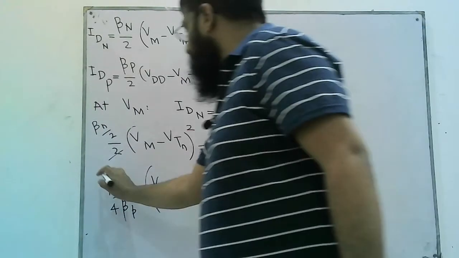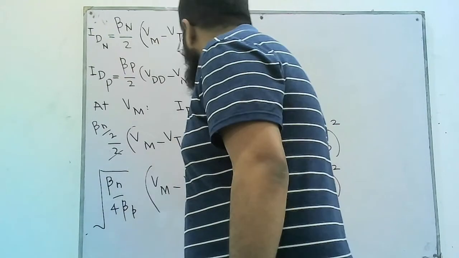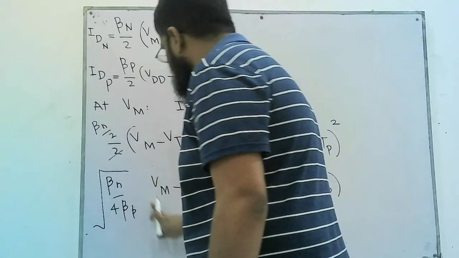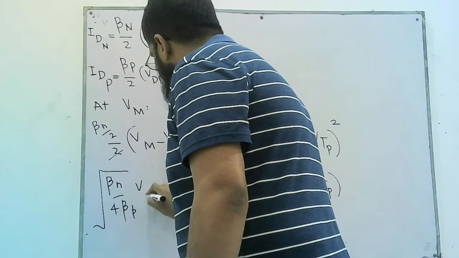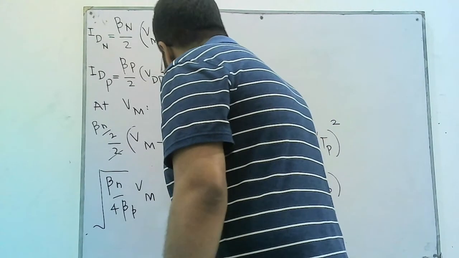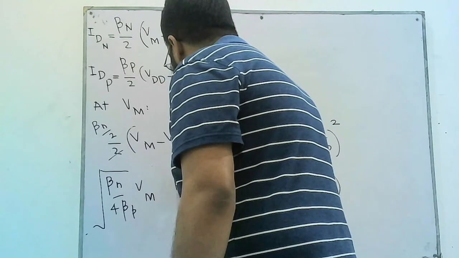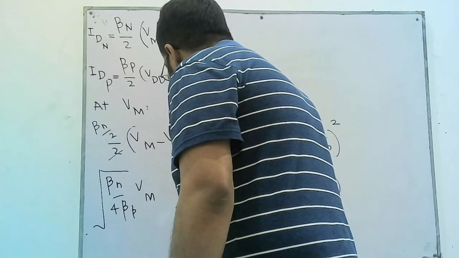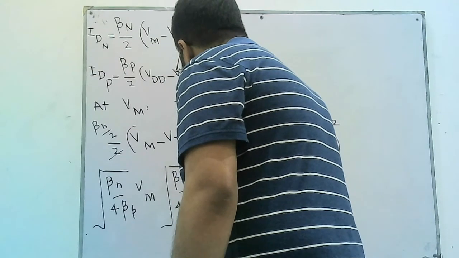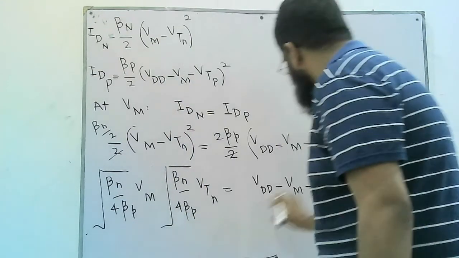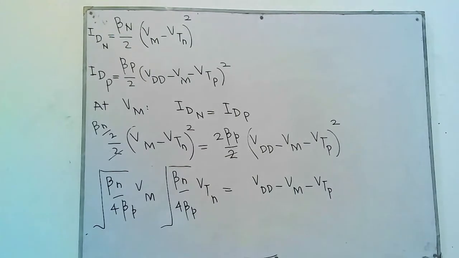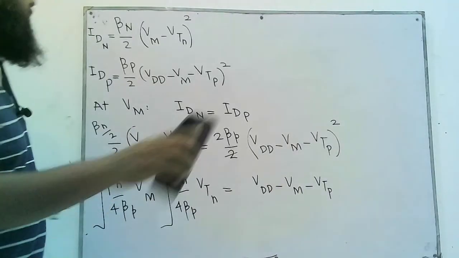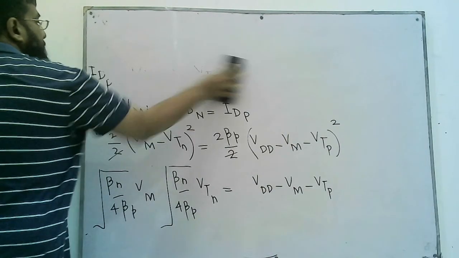Then we can compute the square root on both sides, and we can proceed as we have done before in the case of a NOT gate. Then we combine the terms containing Vm.